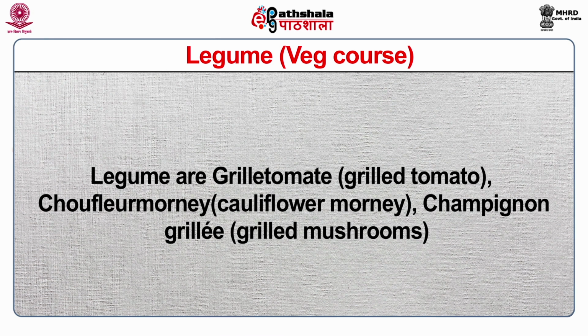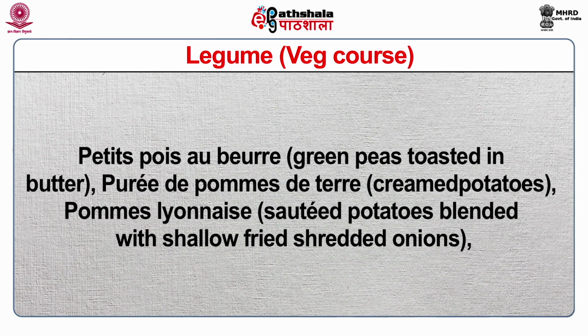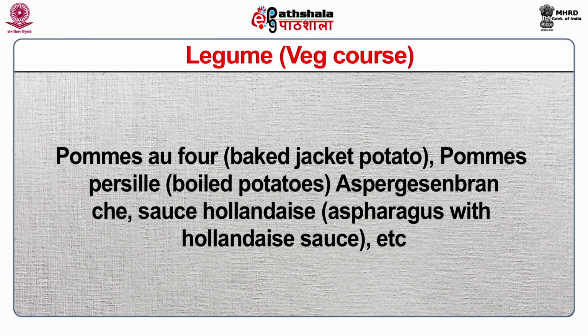Examples of legumes are grilled tomato, chou-fleur mornay, champignon grillé, petits pois au beurre, purée de pommes de terre, pommes lyonnaise with shallow fried shredded onions, pommes au four, which is known as baked jacket potatoes, pommes persil, boiled potatoes, asparagus on branch with hollandaise sauce, etc.